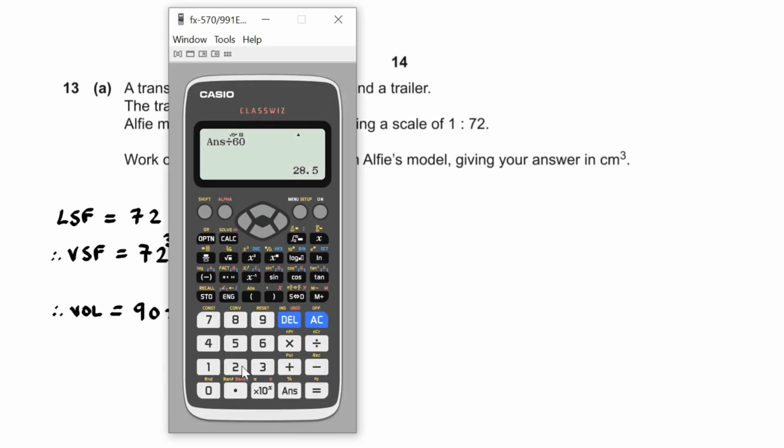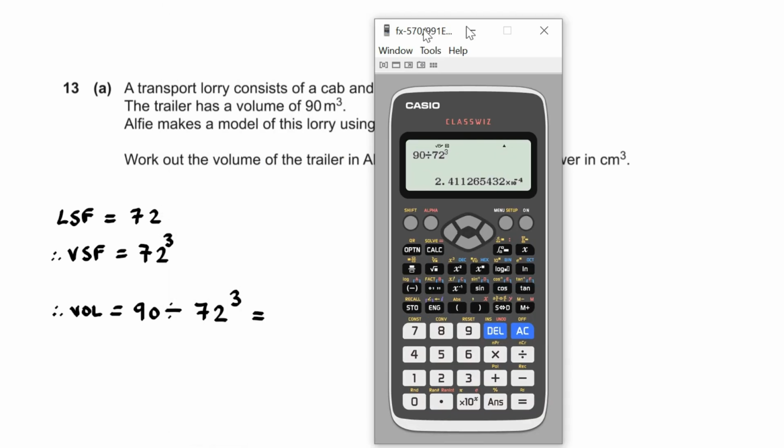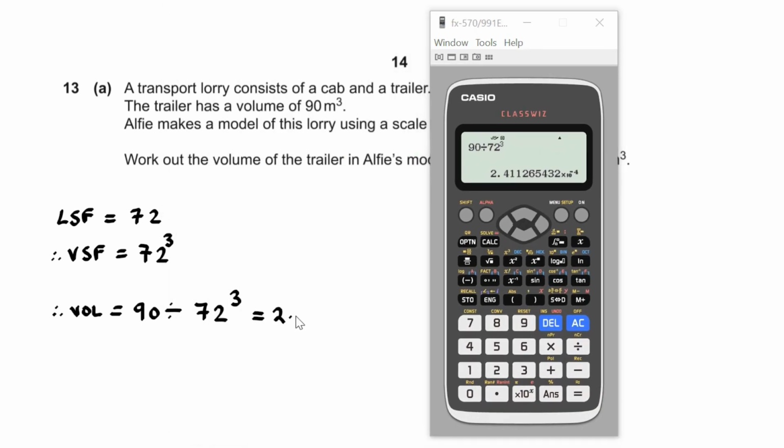And if we do that, we've got 90 divided by 72 cubed, which is this value over here. We get 2.411, etc. meters cubed.